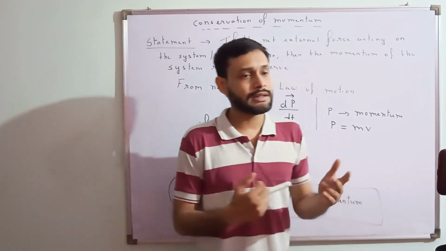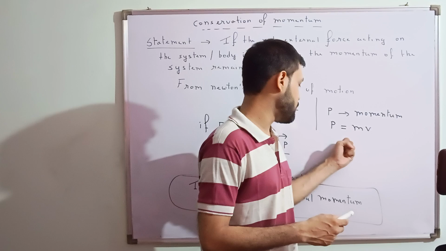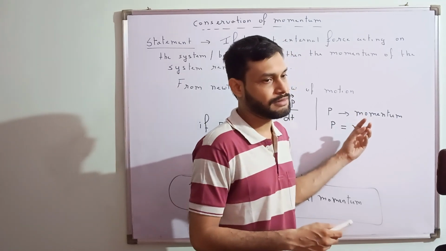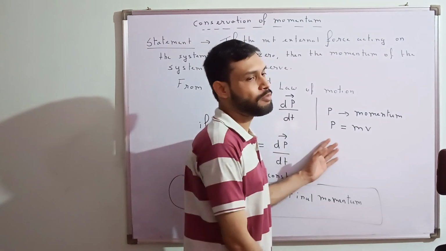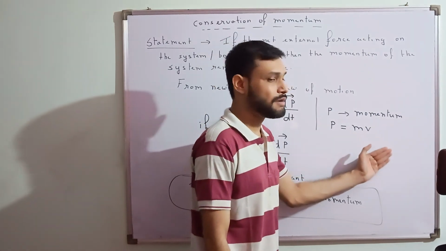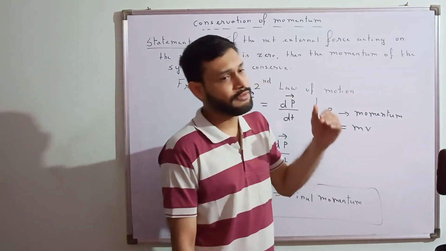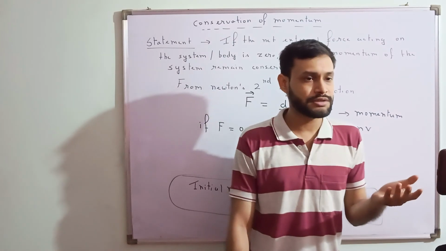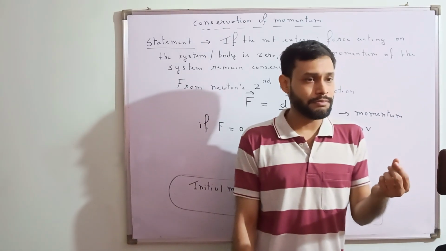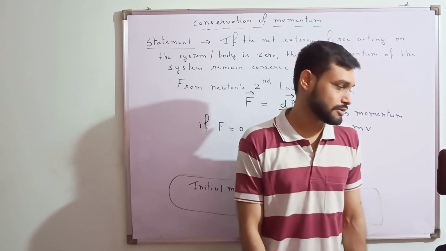Or if a bomb explodes into two particles and they have given the velocity of one particle, they may ask you the velocity of the other particle. Likewise, if a gun is fired, the bullet goes in the forward direction, and the gun will move in the backward direction. This is how they can ask.